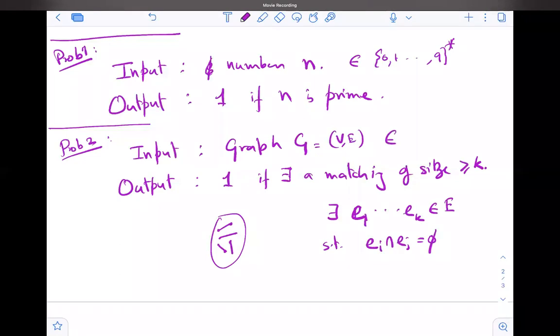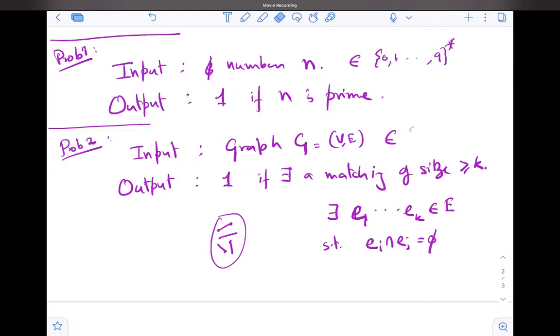Again, the input: I can think of it as a square matrix, so it will be 0, 1 to the power star. If you want to think of it as V squared, it is basically the matrix of the graph.